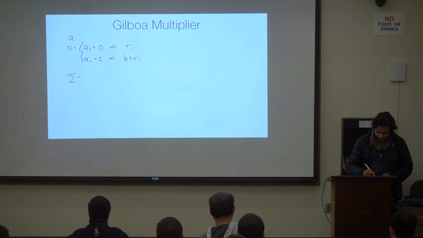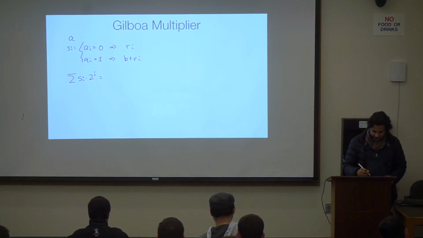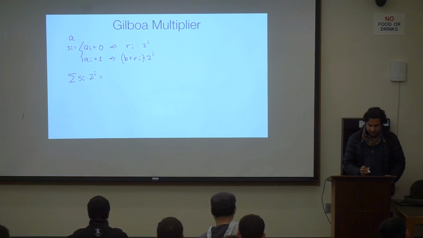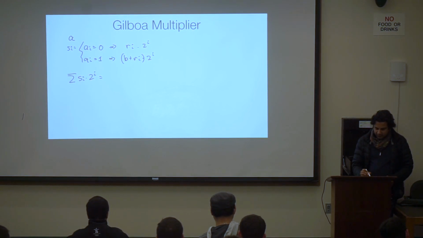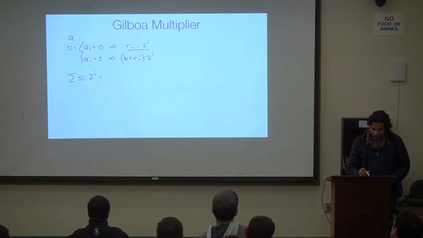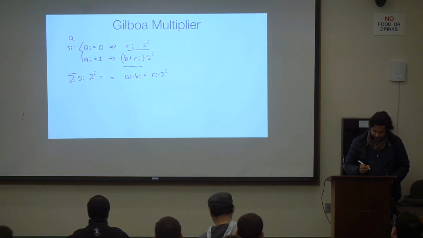If I take the sum here of Si times 2 to the I and break that out, you see that in the case that Ai is 0, I just get these Ri times 2 to the I terms. And when it's 1, I get Ai times Bi plus Ri plus Ri times 2 to the I.